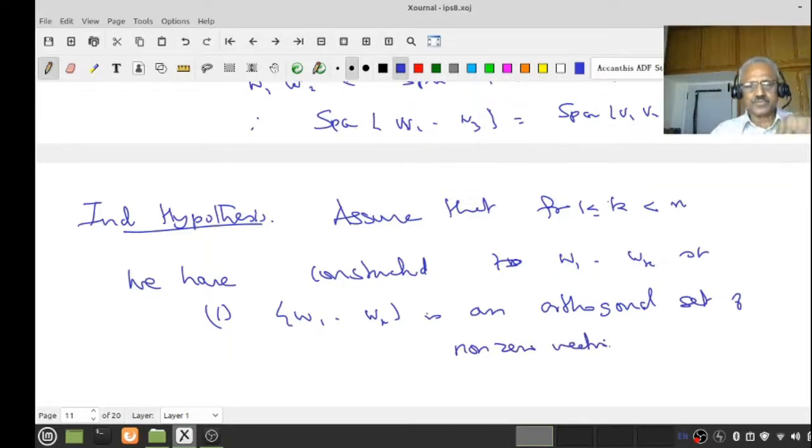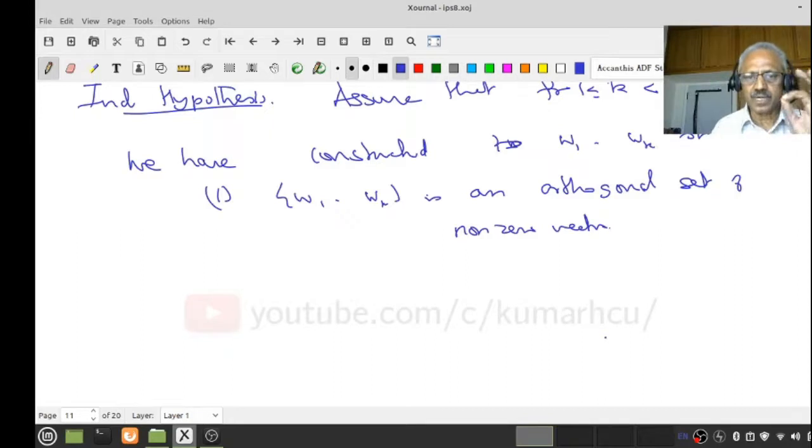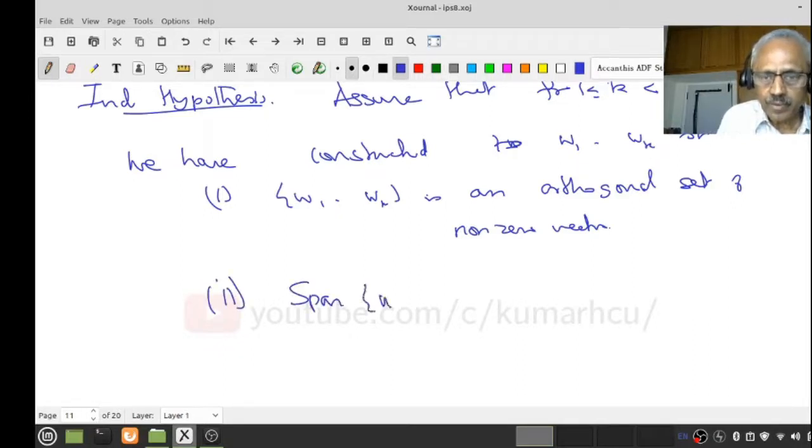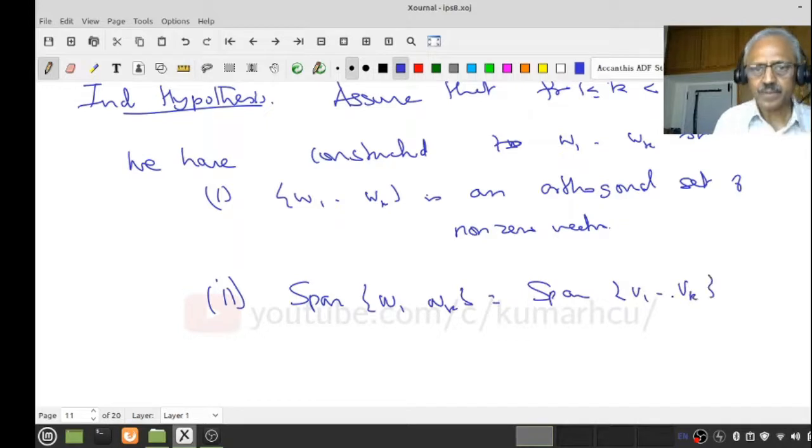The non-zero part will actually follow later also. Orthogonal, what does it mean? For i and j, <Wi, Wj> will be delta ij, where i and j run from 1 to k. And what is the second one? The second one is that the span of W1 to Wk is the same as the span of V1 to Vk. We have done it for 1, 2, 3. Up to 3 were shown. But for induction, it's enough if it was done for 1.